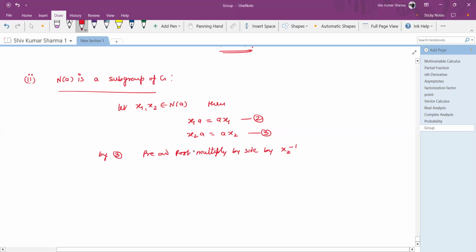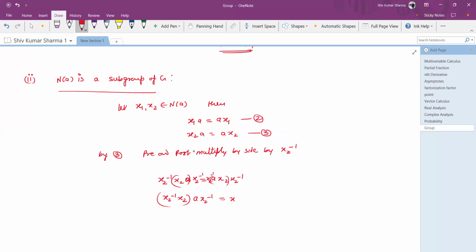So here we take x2 inverse into x2 into A is equal to A into x2 inverse, that is, x2 inverse A into x2 into x2 inverse. Now by using associative, we write x2 inverse into x2 into A, or x2 into x2 inverse.